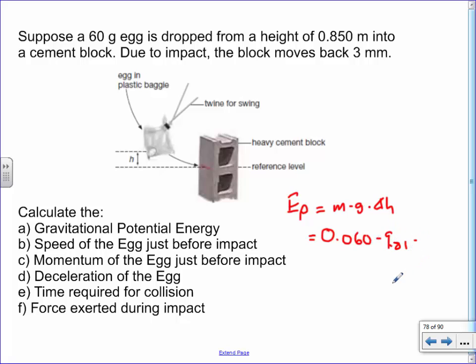And then we just need to know the height that we're dropping. I said here we're going to drop it from a height of 0.850 meters. So 0.060 times 9.81 times 0.850. I basically got 0.5.